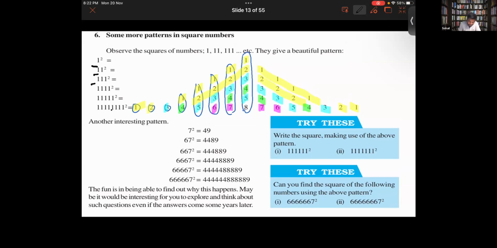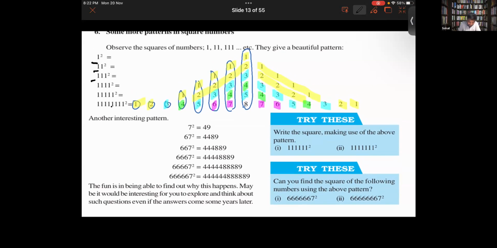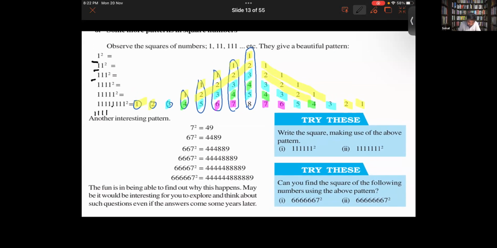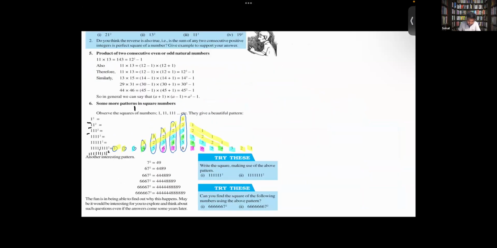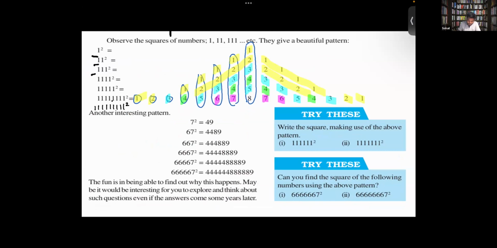See, if I were to have a number like this, 1 1 1 1, right? Let's try to find out what it will look like. Same as usual, 1 will be common for this one. So the first number, let's say, will be 1, and 2 will become, and then 2, then 3, then 4, then 5, then 6, then 7, then 8, and then here most probably 9 will come, right?